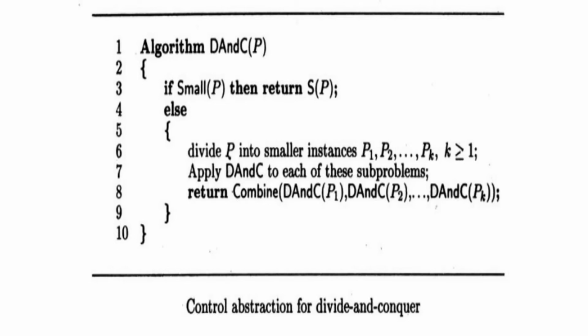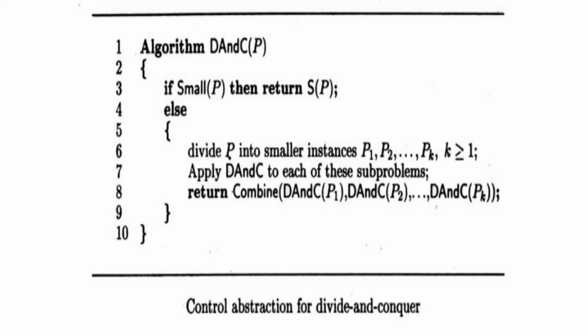Step 3 says if Small(P), then return S(P). That means if the problem is small, then there is no need to divide the problem into smaller subproblems. So find the solution and return S(P), the solution of problem P.